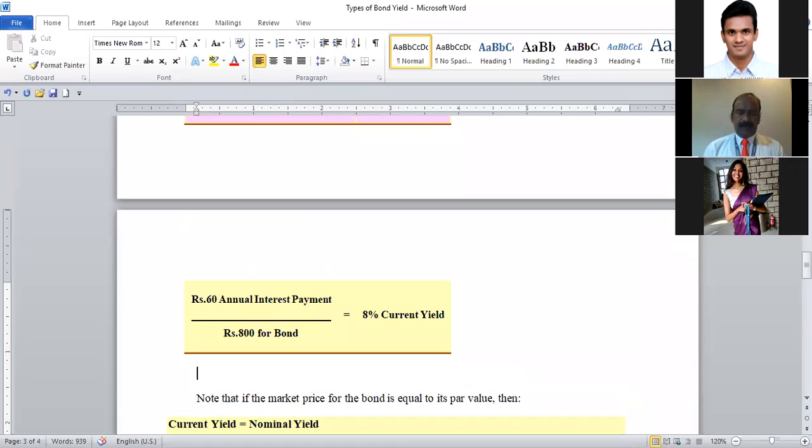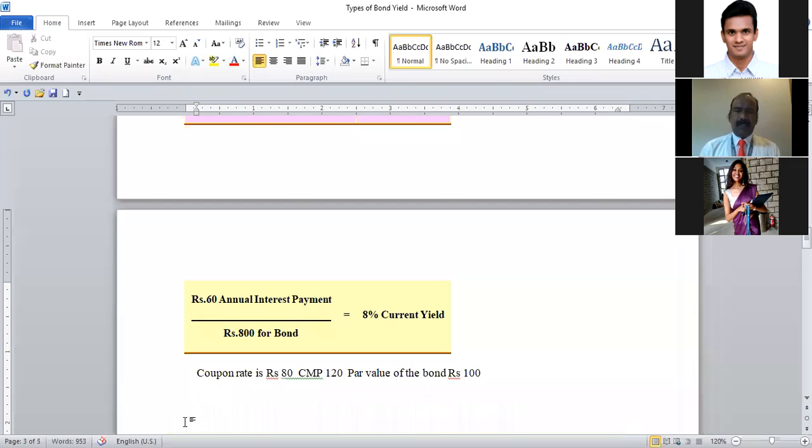Coupon rate is 8%. Current market price is 120. And par value of the bond is rupees 100.